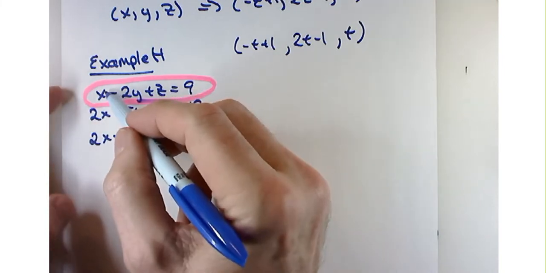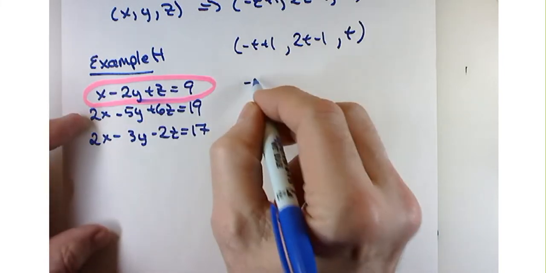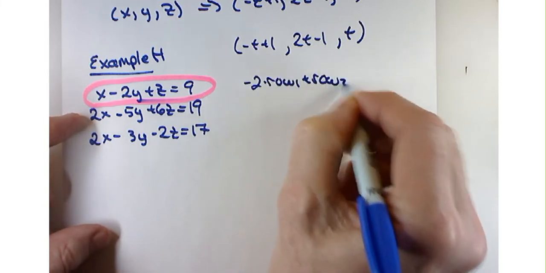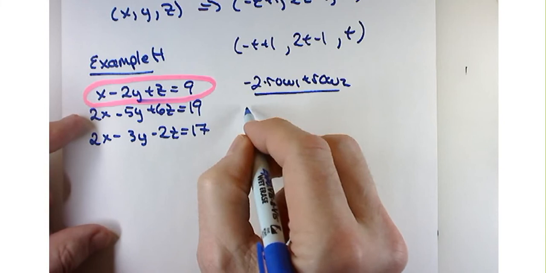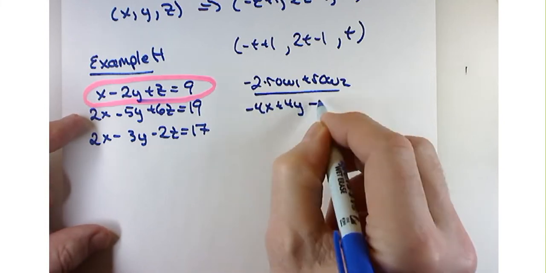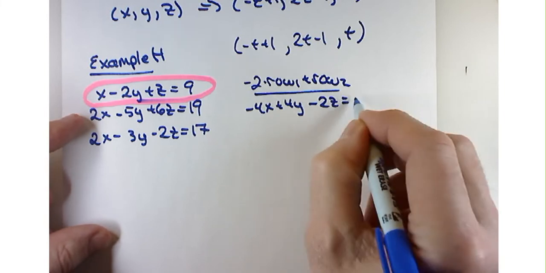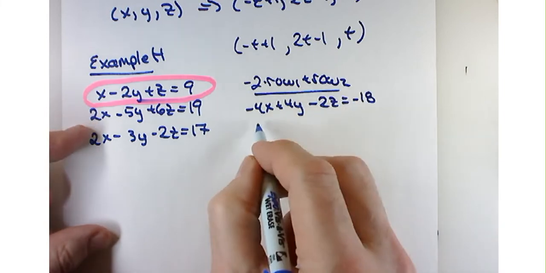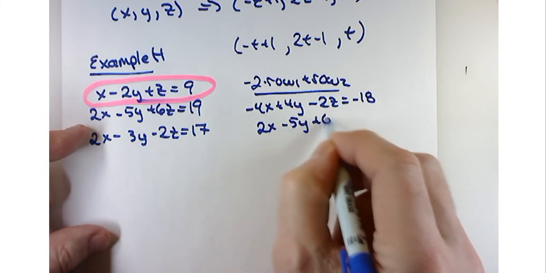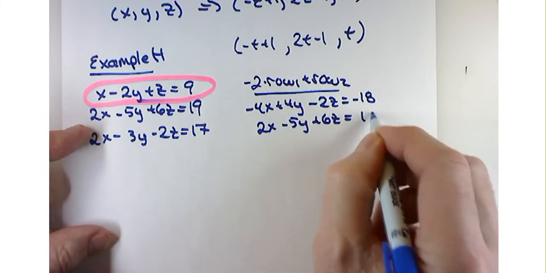I'll do that by multiplying this equation by -2: -2 times row 1 added to row 2 gives me -4x plus 4y minus 2z equals -18, added to 2x minus 5y plus 6z equals 19.